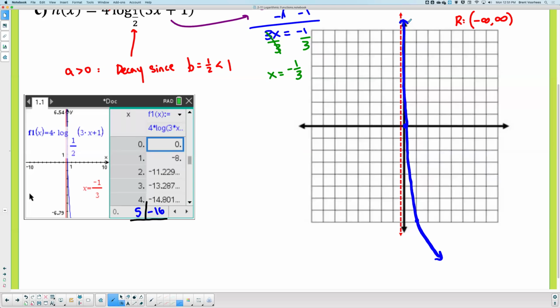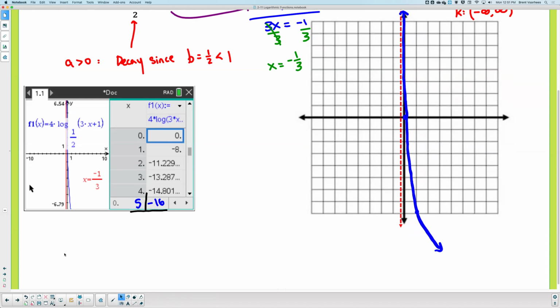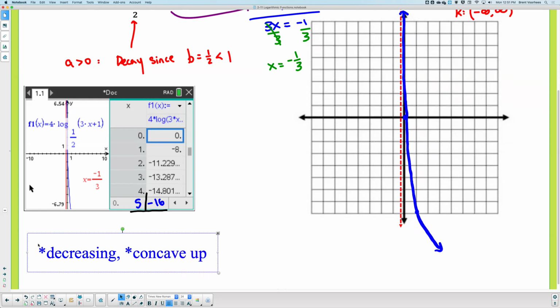Okay, tell me. Increasing, decreasing? Decreasing. I'll give you a chance to write and catch up. You said this graph is decreasing. Concave up or concave down? Concave up.